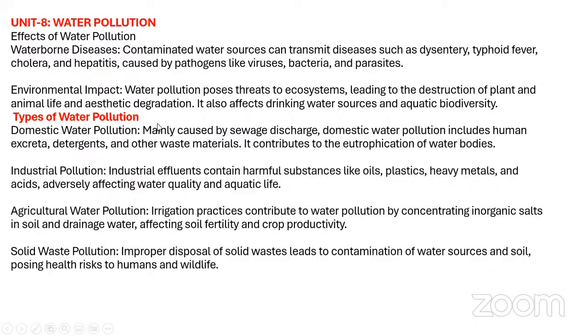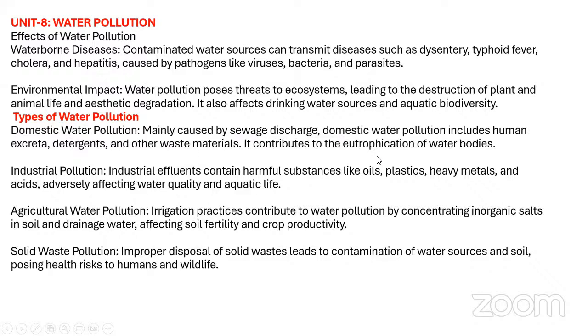And the types of water pollution begin with domestic water pollution. Already we have discussed different types of pollutants which may affect the groundwater quality. Domestic water pollution is mainly caused by sewage discharge. It includes human excreta, detergents, and other waste materials.